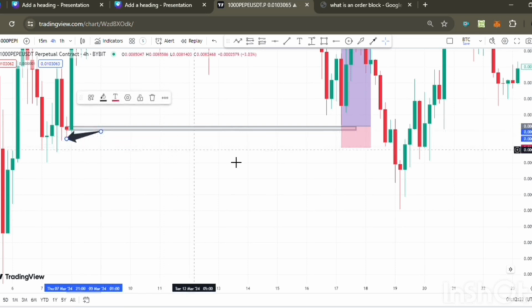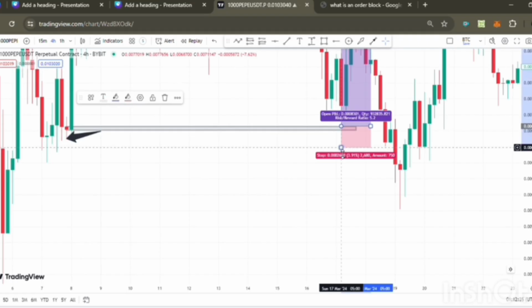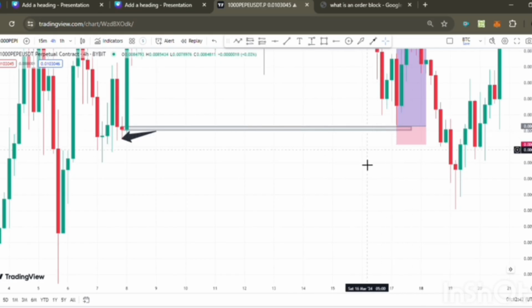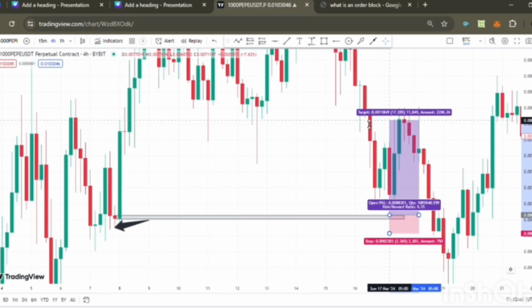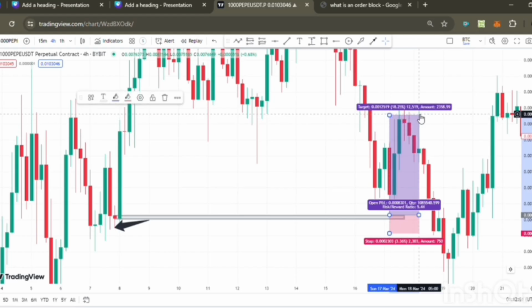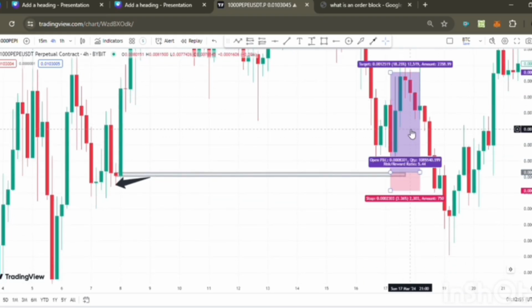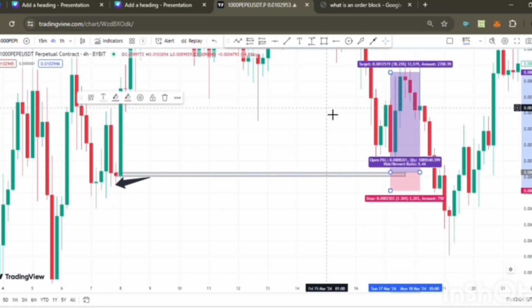So you just leave it above the lower wick. All right, above the lower wick. So as you can see, you place it at an achievable target, and this is giving us a one to four or five risk to reward ratio.